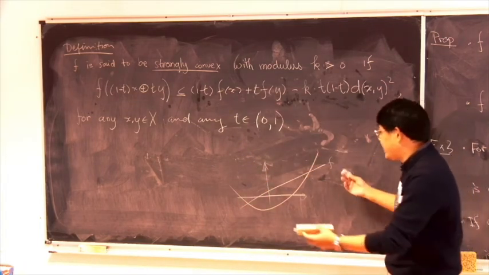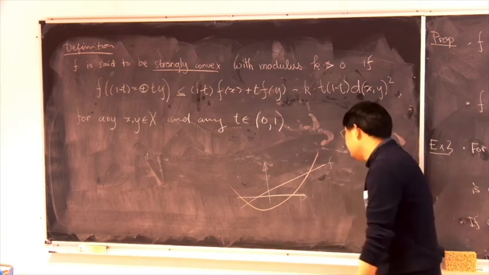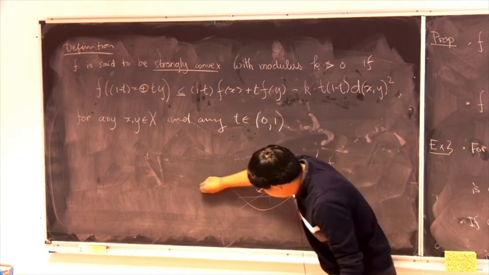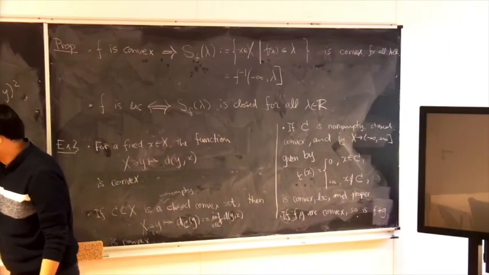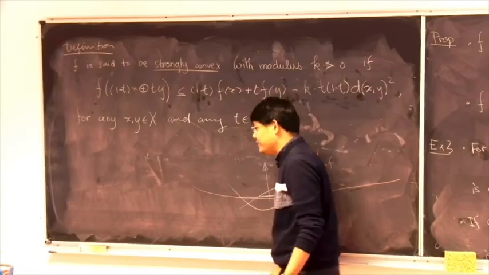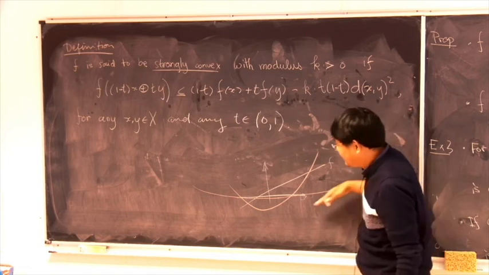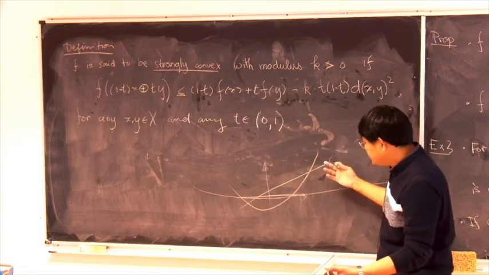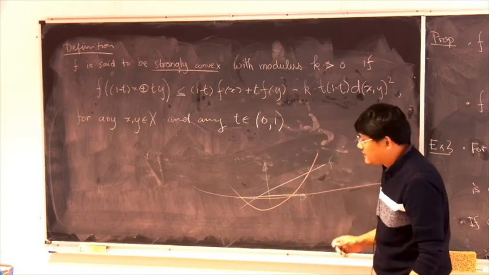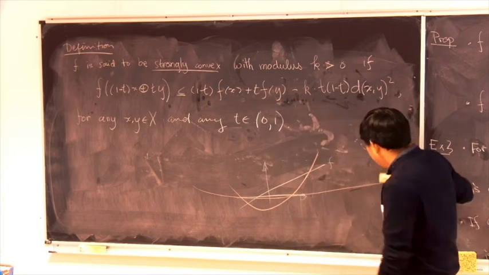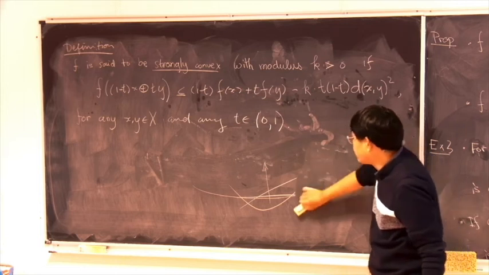You cannot find a parabola which supports f, no matter how flat that parabola is. The camera is moving with me. No matter how flat the parabola is, it will still go above this affine function somewhere. So this affine function cannot be strongly convex.